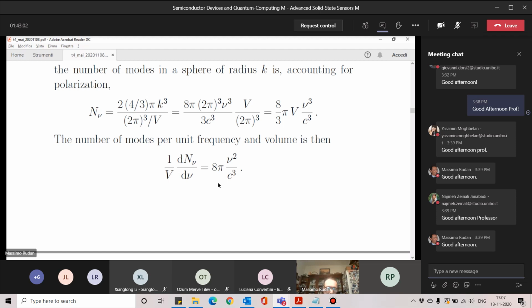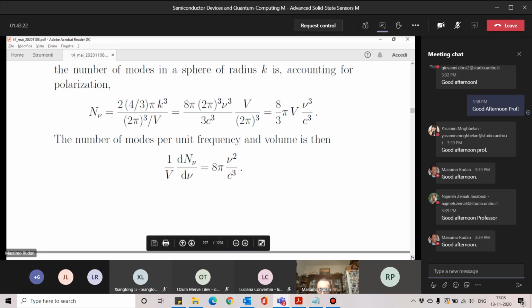The second part will be based essentially on thermodynamics. We try to calculate the average energy of the modes whose frequency is equal to n, and then we take the product.